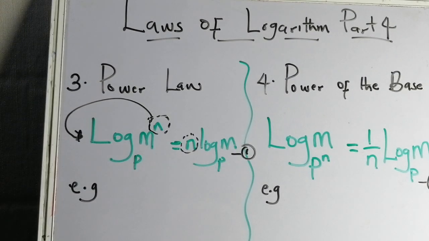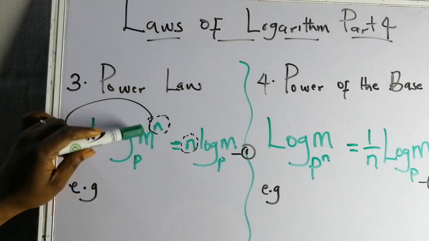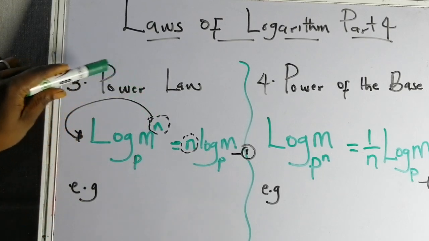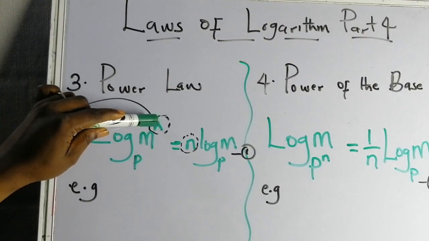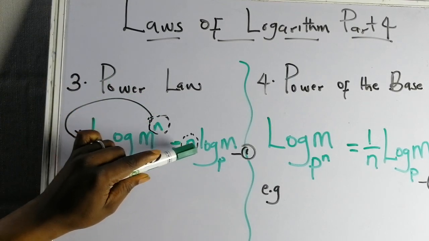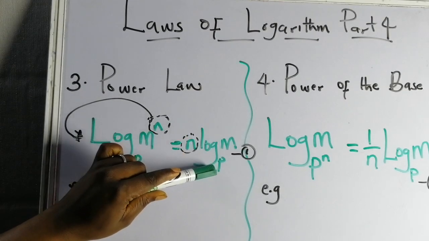Some young minds might not know how to pronounce all this, and that's why I'm indicating it: log m raised to power n base p. So the power law says that you move this power to the back of log, which gives n log m base p.